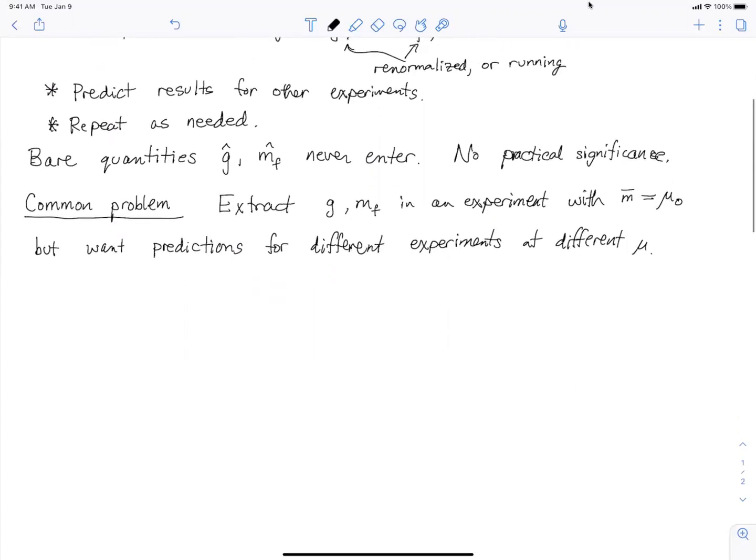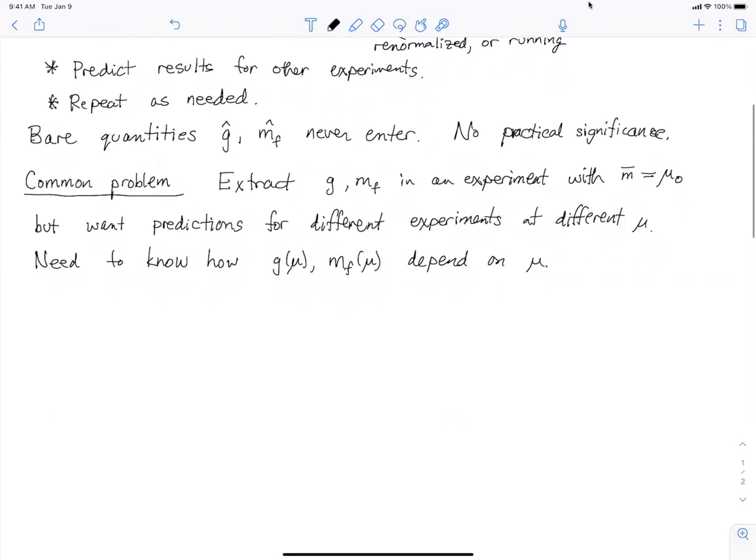Another way of saying what we want is we need to know how our couplings depend on mu. Okay, so fortunately, this information is already built into whatever calculation you did to analyze the data.